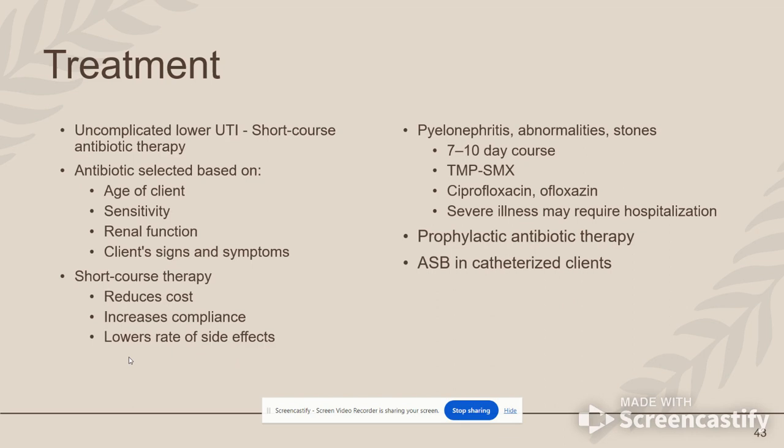Ciprofloxacin is usually the one of choice for any type of UTI. Prophylactic antibiotic therapy is used if it's something that's a recurrent thing. If it is a severe enough UTI, they can also give IV antibiotics like ampicillin, gentamicin, or Rocephin.